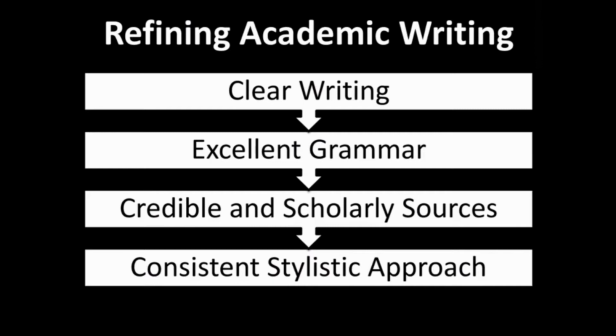Then we have our excellent grammar. It is called excellent grammar because we don't have such thing as perfect grammar. So generally, English grammar can be difficult and complex. Even the best scholars take many years before they have a command of the major points of good grammar.